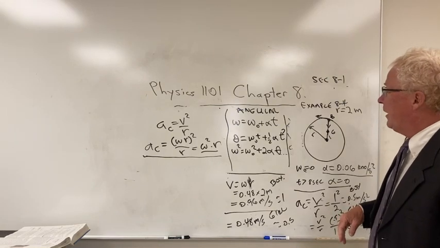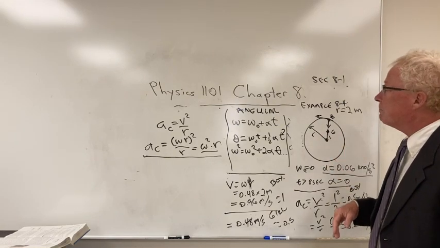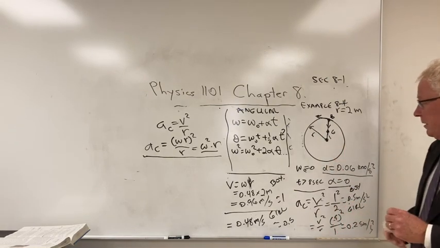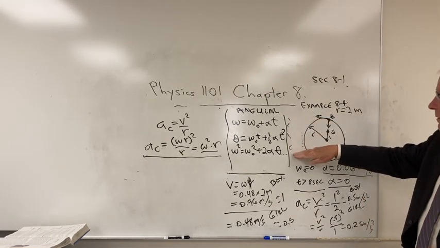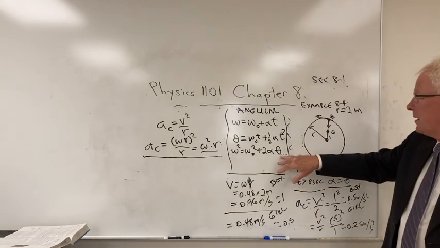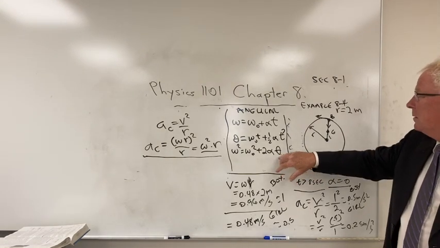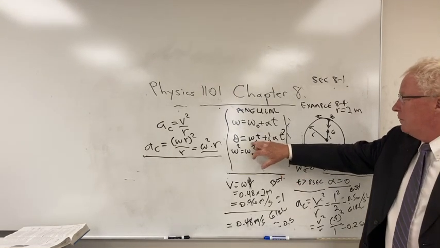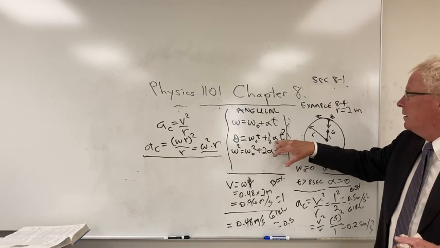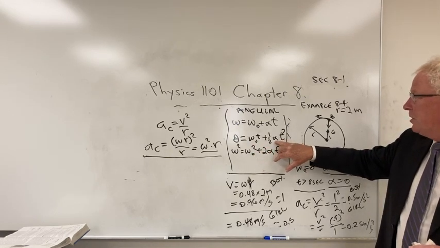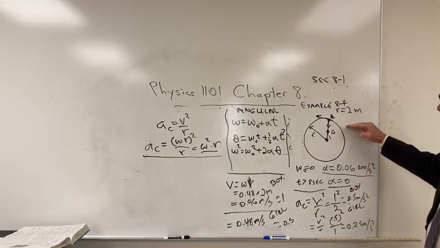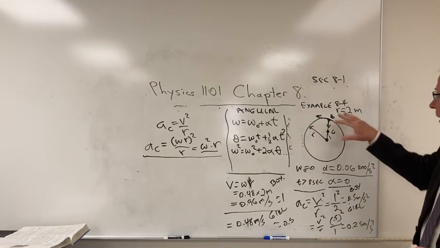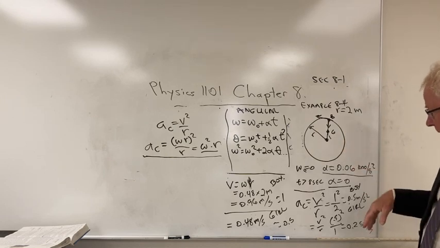About chapter 8, the first couple sections. On chapter 8, we compared the equations for angular rotation, including theta for angle, omega for angular velocity, and alpha for angular acceleration, and compared the rotation of a girl and a boy on a merry-go-round.